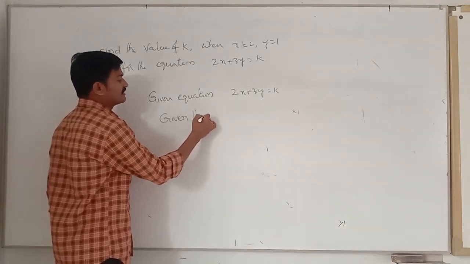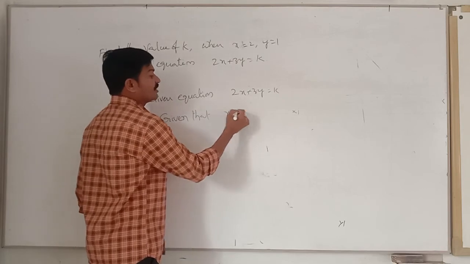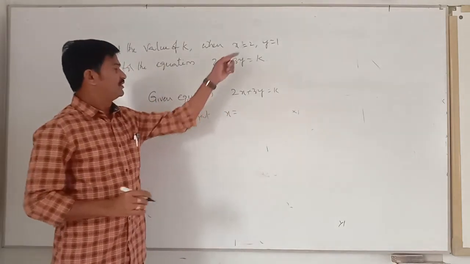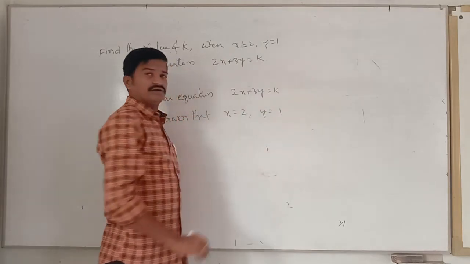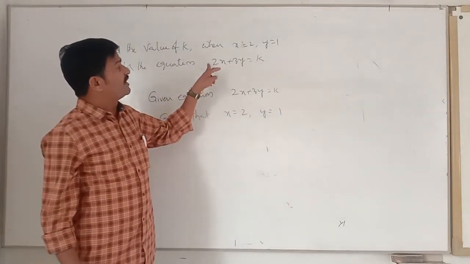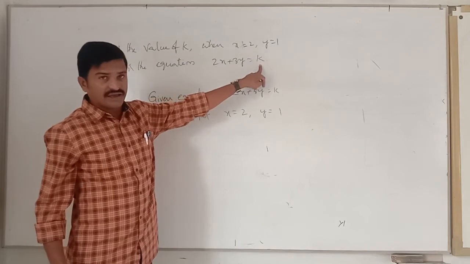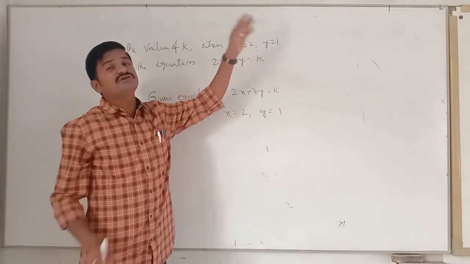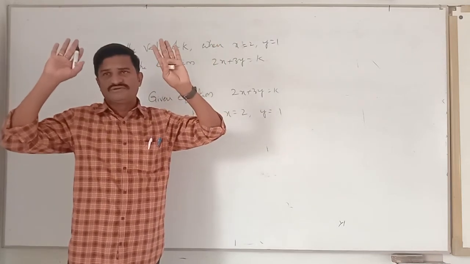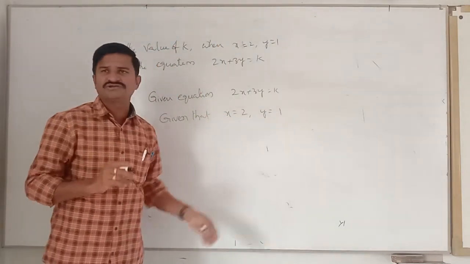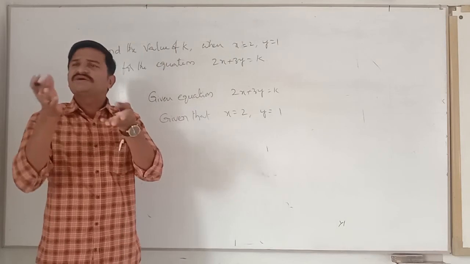Given that x equals 2 and y equals 1. He is asking to find the value of k where x equals 2 and y equals 1 only. You do not have any right to take other values, so please take those values only. How will you take them? Substitute, that's it.